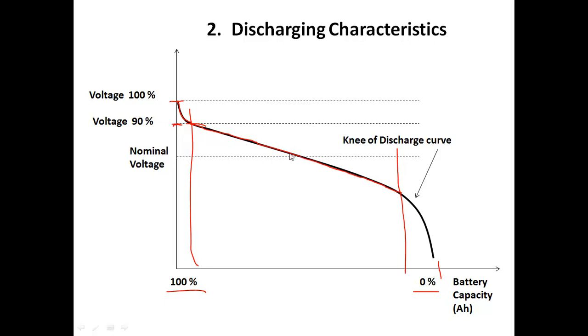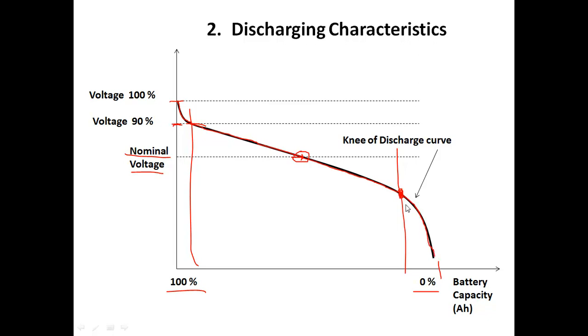We have talked about nominal voltage. So nominal voltage is the midpoint of this linear section of the graph, and this voltage is called the nominal voltage for the battery. Now we can see that once the battery is nearing its end capacity, the rate of discharge is very high.